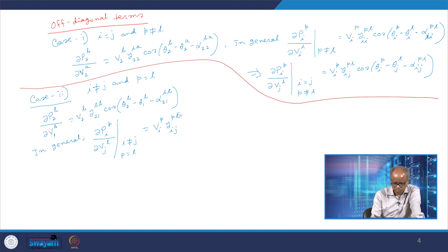Then cosine theta IP minus theta JL minus alpha IJ PL.